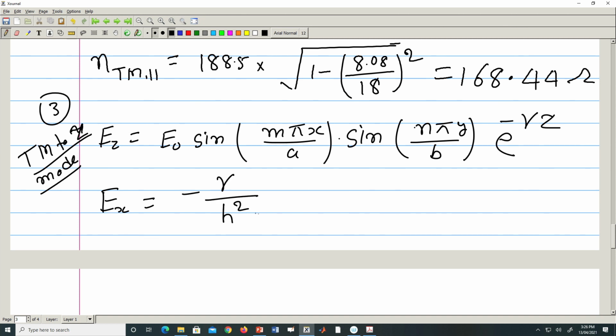Here gamma is alpha plus j beta, h square is gamma square plus k square, where k is omega root mu epsilon.